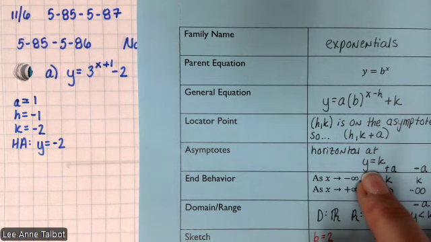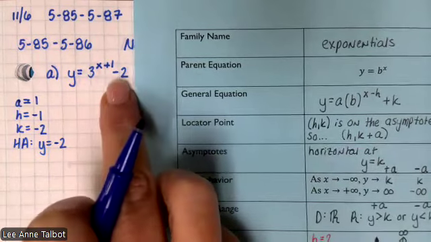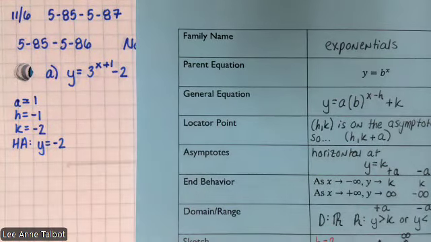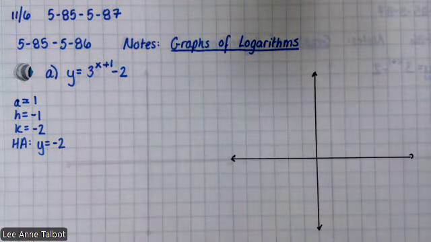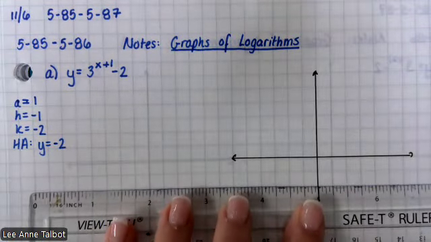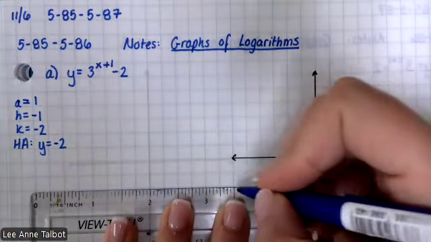Are you guys with me so far? So I identified A, H, and K, and then I identified the horizontal asymptote. Why do I want to do that first? Because I want to sketch that in. So come over here to your graph.